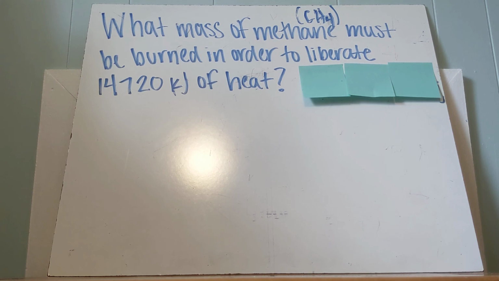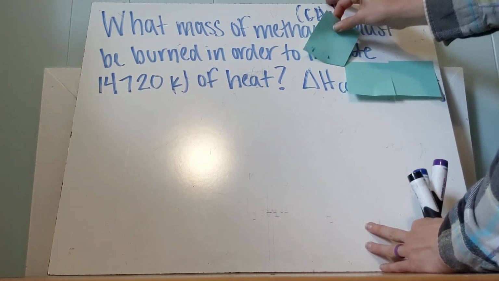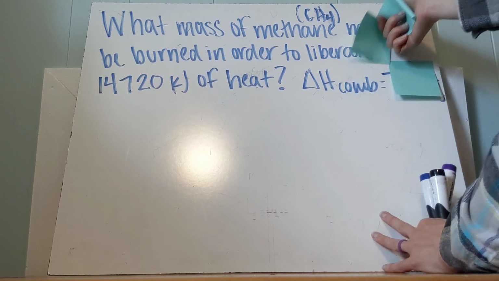All right. So, talking about burning, what delta H will we be using for burning? Well, burning, we're liberating heat. In that case, I looked up delta H of combustion.